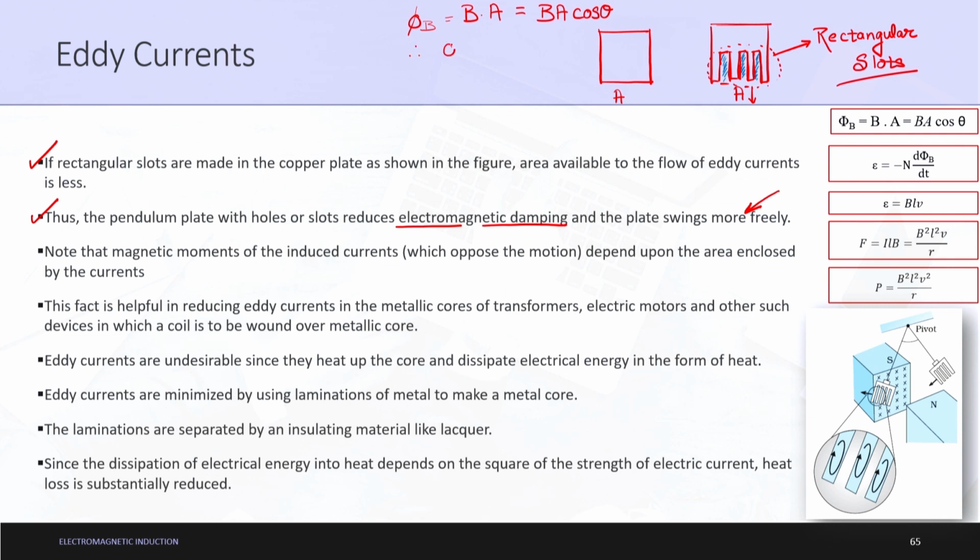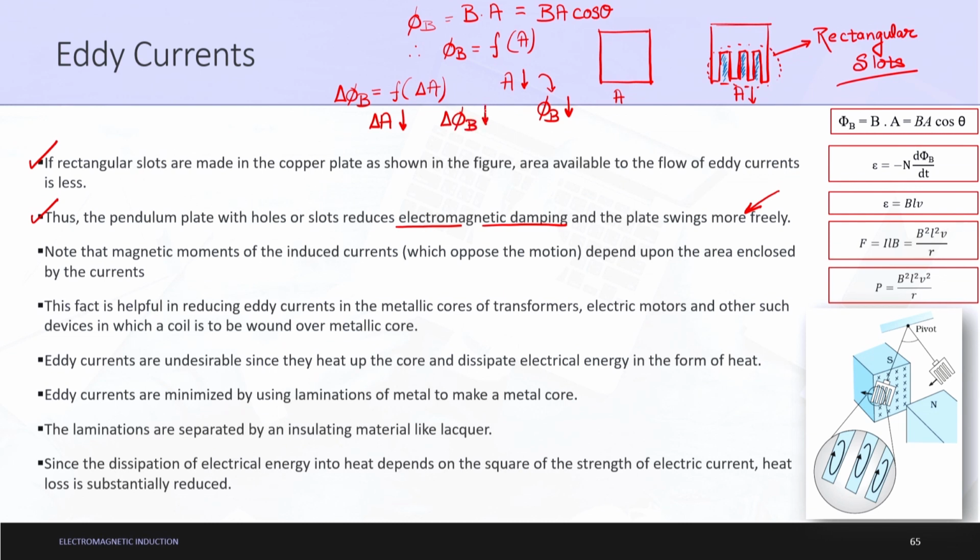Therefore, phi B is a function of area A. So, if the area A is reduced, that directly means that the value of phi B is also reduced. Delta phi B is a function of delta A as long as B and theta are constant. So, if the change in area A is less, the change in phi B will be less.